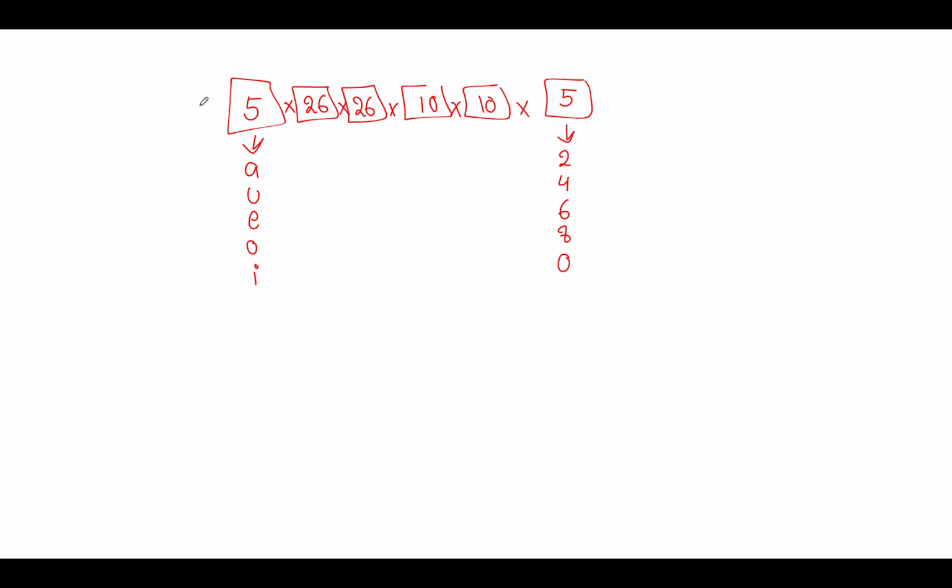All right. This is the number of elements in the event F. Now the probability of having this license plate is equal to the favorable outcomes over the sample space. So here I've got 5 times 26, 26, 10, 10, and 5.